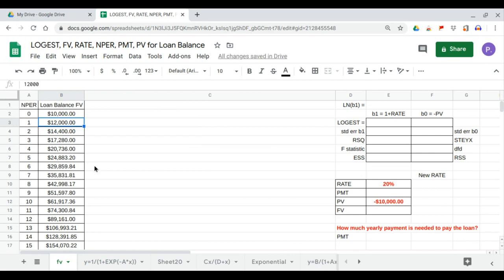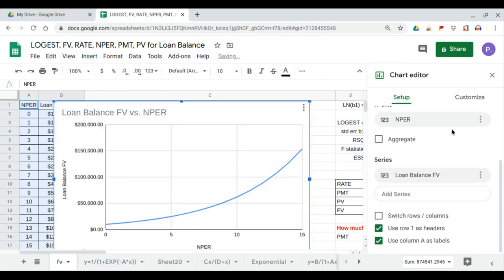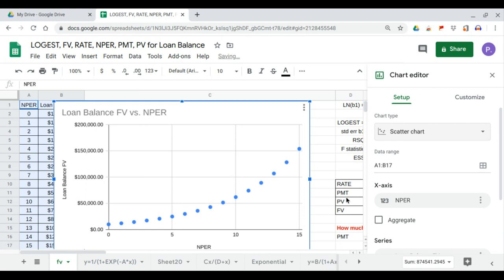So from $10,000, the loan balance will be $154,000. So we generate the data set, use chart, and use the scatter chart.